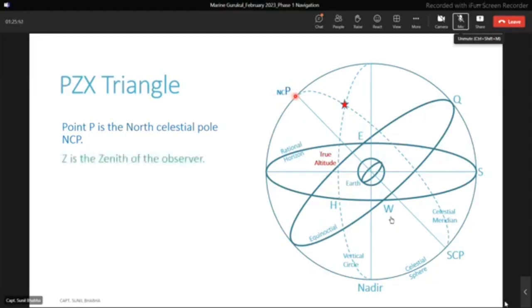We have seen this is the rational horizon. This is the position of the observer, and a line drawn from the center of Earth passing through the observer's position meets the celestial sphere at what we call the zenith of the observer. So this point is the zenith, and let us mark it as Z. We have the zenith point plotted on the diagram now.